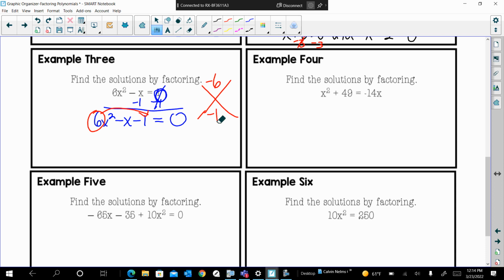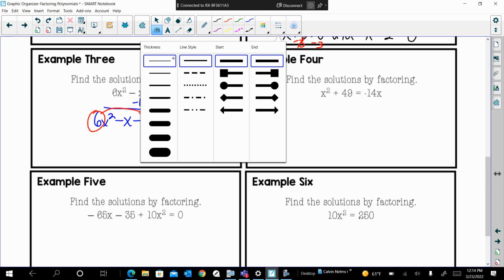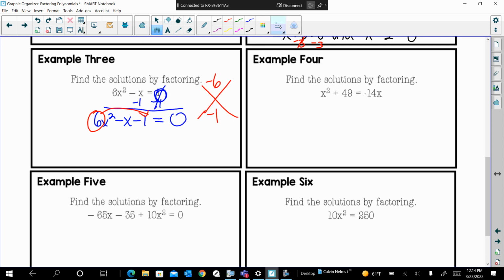I need factors of a -6 to give me a sum of a -1. Yeah, a +2 and a -3. Yes. So I'm going to go in my parentheses: x plus 2, x minus 3 equals 0.